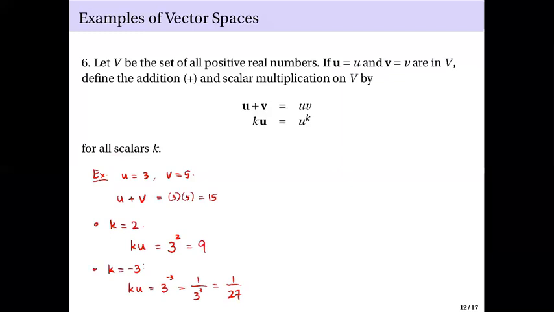Understood? So you have the addition of two objects in V. It's the usual multiplication of real numbers. The scalar multiplication is actually the exponentiation.